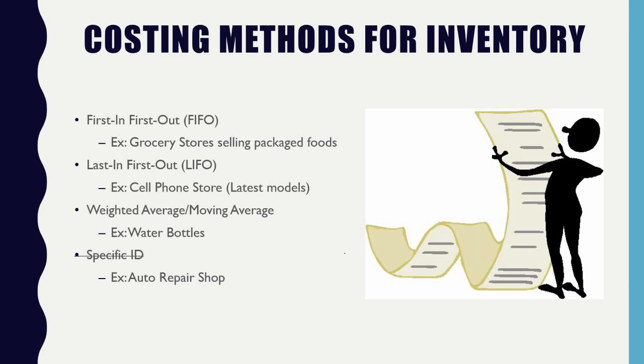Because again, an auto repair shop, if they can take any car that just comes in, they have to have a few car parts. Usually they go by what the city usually has an abundance of. So in this case, the inventory is going to be specific to a specific piece or a specific part.